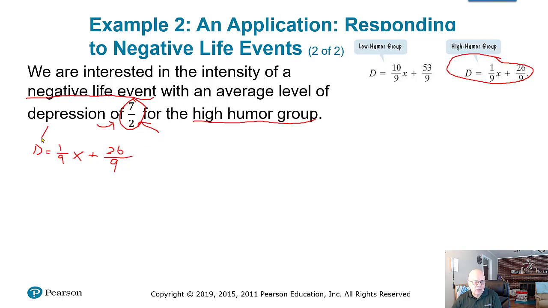And of course the depression level is right there, so we'll put that in. So you've got 7/2, that's the depression level, equals. And we're going to find out for the high humor group, what is the intensity of a negative life event? So we've got 1/9 x, just copy what we've got on the right, plus 26/9.